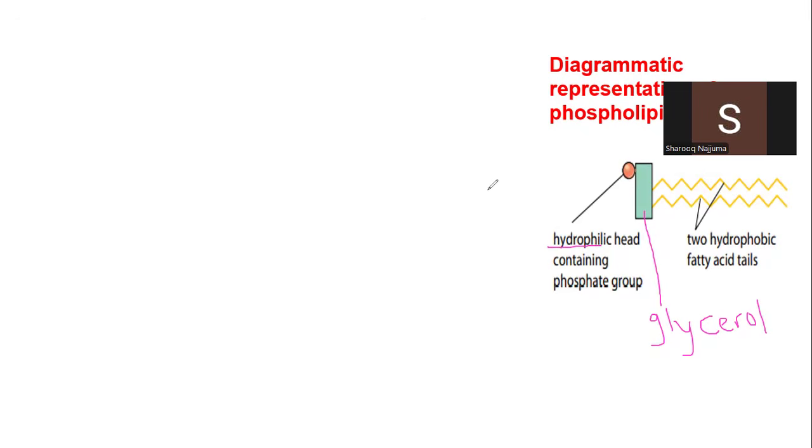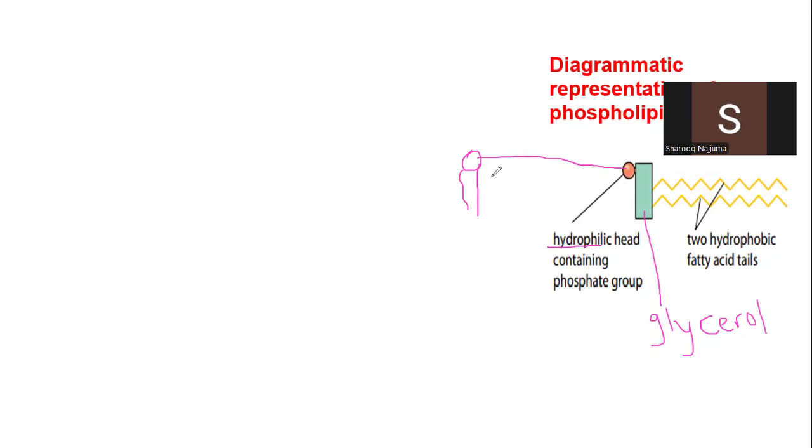Sometimes the phospholipid is represented using a circle with the tails attached to it. The circle represents the phosphate, and the two tails represent the two fatty acids.